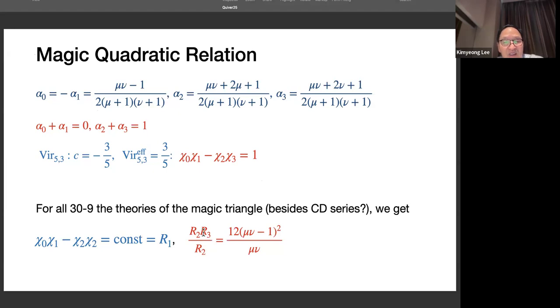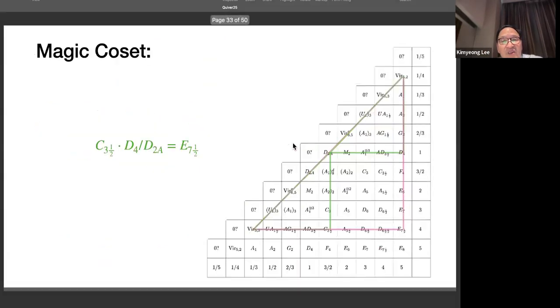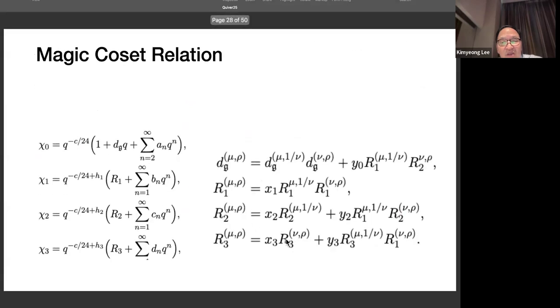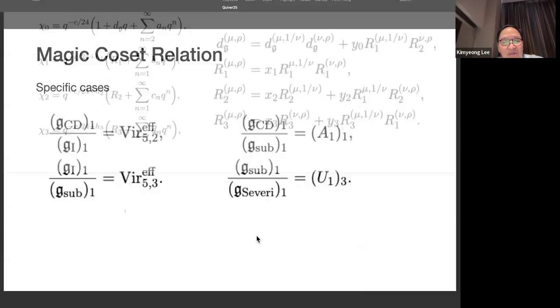This is R1. This ratio is again given uniformly in terms of mu and nu function. And this is again beautiful. And remember, we had a more relation between dimensions from these quotient relations.